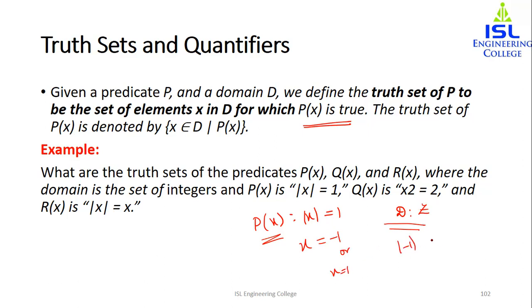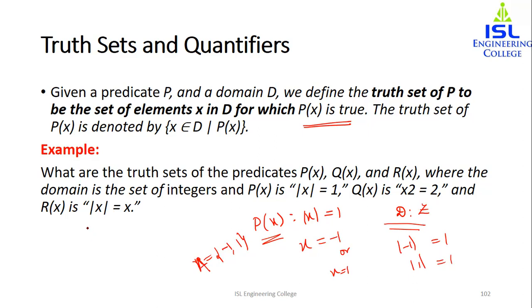What is the modulo of -1? 1. Similarly for 1, 1. So the set of -1 and 1, let's make it the set A. If A is the set of -1 and 1, then your predicate P of x is true.